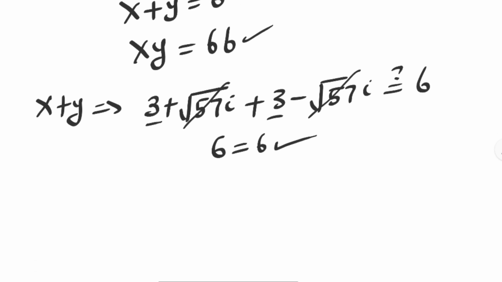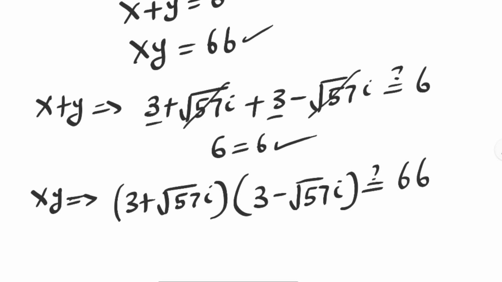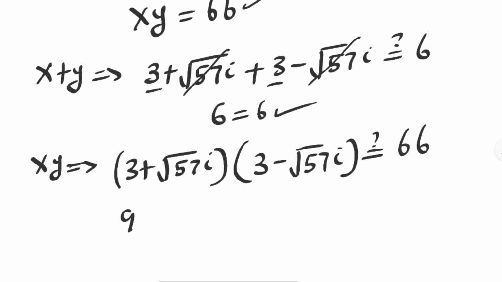Let us consider this. xy can be written as 3 plus root 57 i multiplied by 3 minus root 57 i must be equal to 66. 3 times 3, that is 9.